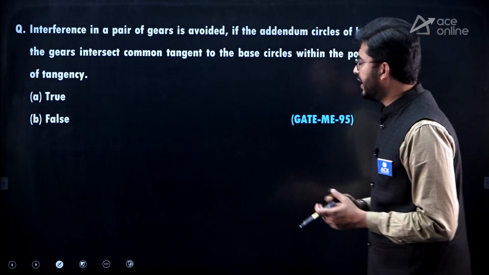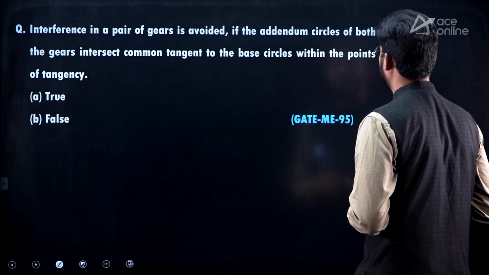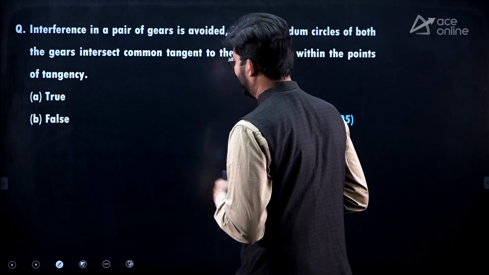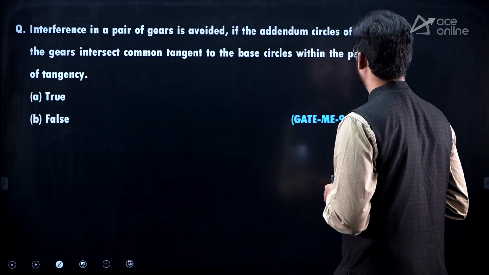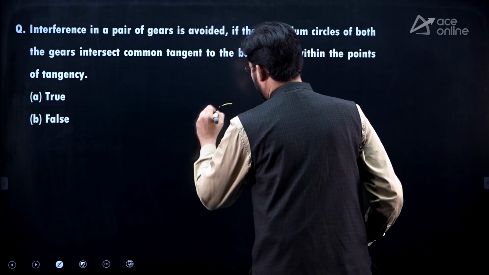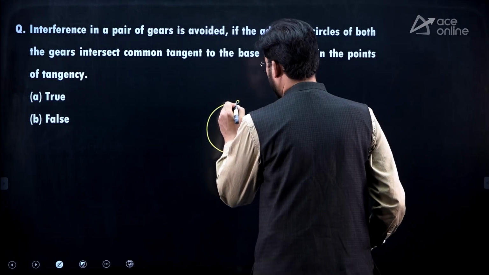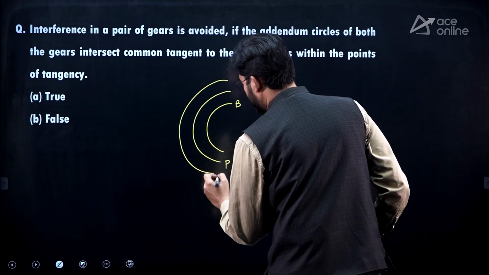Next question, interference in the pair of gear is avoided if the addendum circles of the gears intersect common tangent to the base circle with the points of tangency. So let me draw here. This will be base circle, this will be pitch circle, this will be addendum circle.